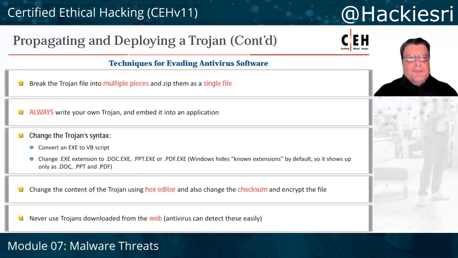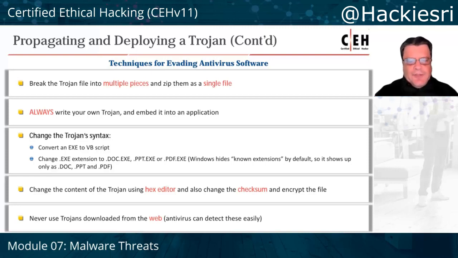Continuing with deploying a Trojan, we have techniques for evading antivirus software. Again, these are many. Break the Trojan file into multiple pieces and zip them as a single file. This is sometimes known as fragmentation. Always write your own Trojan and embed it into an application. Change the Trojan's syntax, as we see, the two different or several different ways to change that.